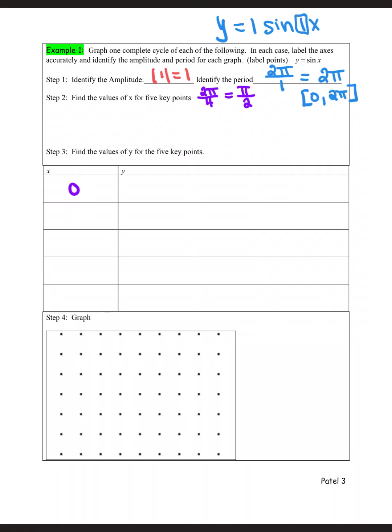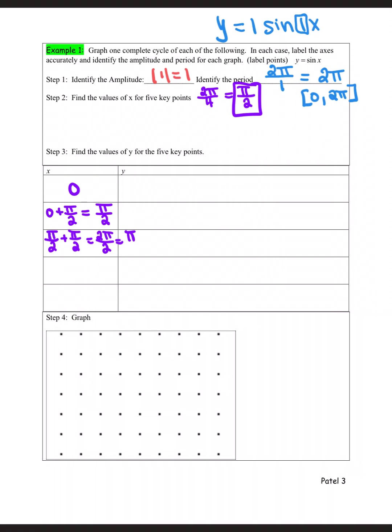My second one will be 0 plus pi over 2, which is pi over 2. Notice I'm counting by pi over 2. My third point will be pi over 2 plus pi over 2. Well, 1 pi plus 1 pi is 2 pi over 2, which is just pi. Once again, I am adding pi over 2 each time to get the next x value.